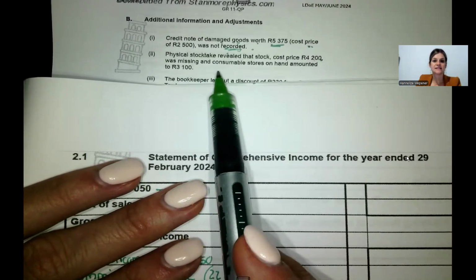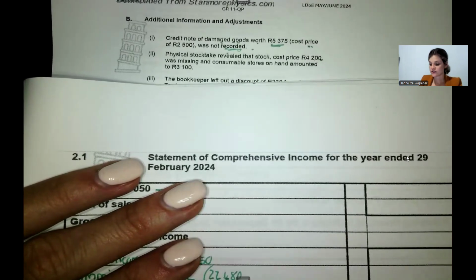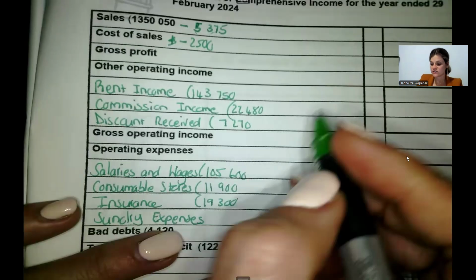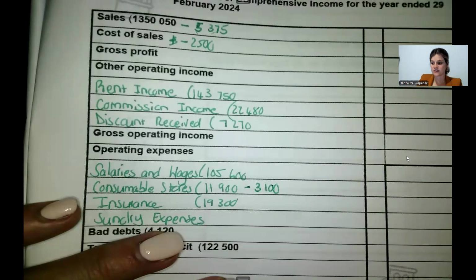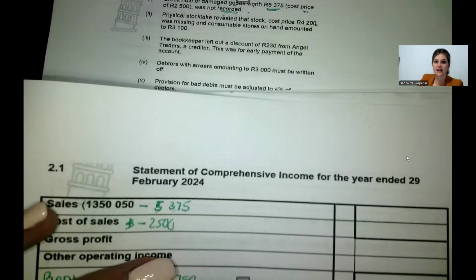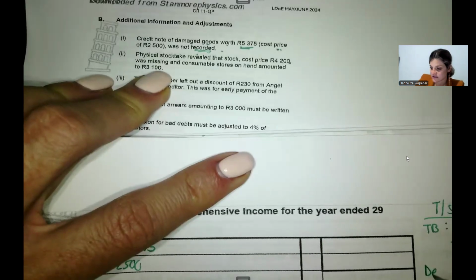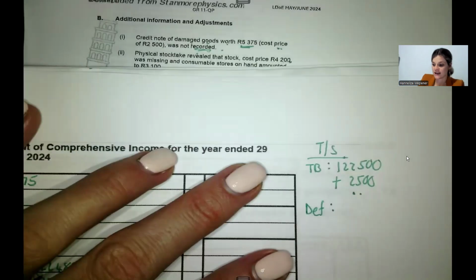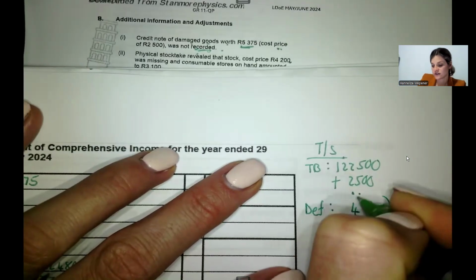Then it says consumable stores on hand amounted to 3,100. So consumable stores not yet used, 3,100. Then according to them, the trading stock deficit was 4,200.